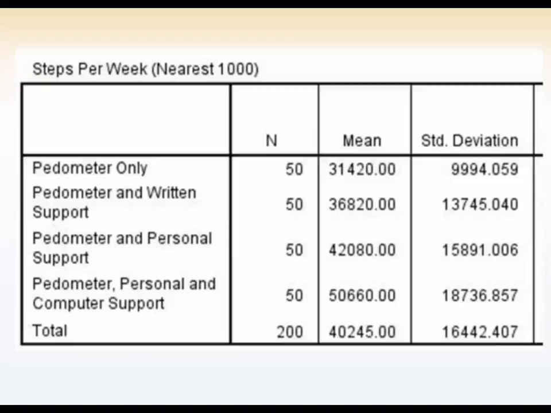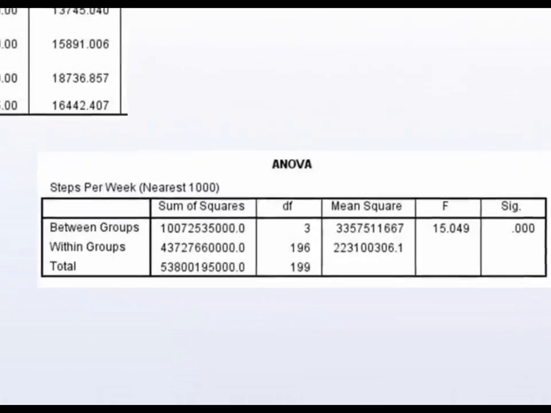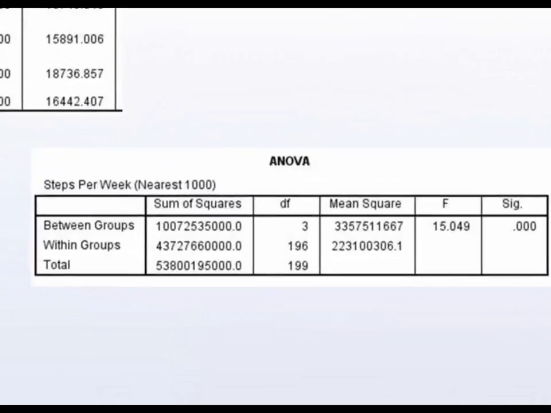Well, are those means significantly different from one another, or are the differences between those 4 means simply due to chance? Or sampling error. Here's the ANOVA results. Notice we now have in here our degrees of freedom. We also have in here now the sum of squares, the mean squares, the F, and the significance or probability.